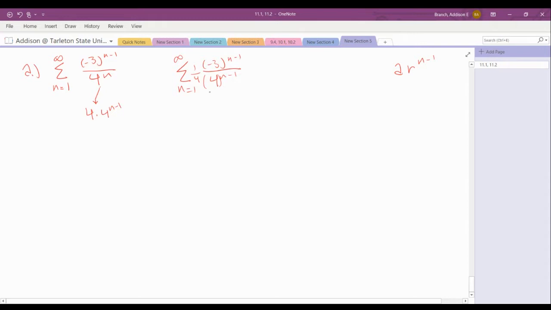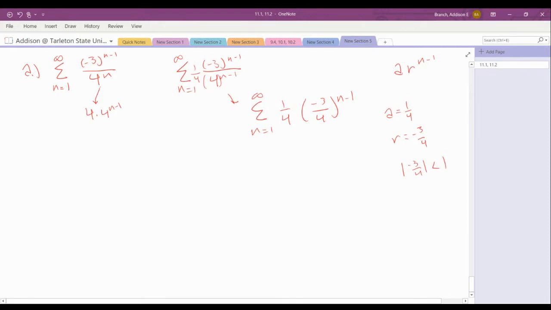Now we can combine the -3 and the 4 to get 1/4 times (-3/4) to the n minus 1. So now we are officially in our form. We know that our a is 1/4 and our r is -3/4. The absolute value of -3/4 is less than 1, so we know it's going to converge.